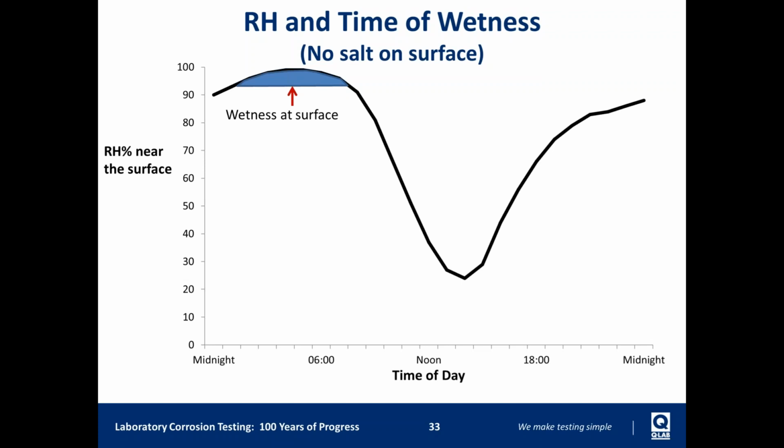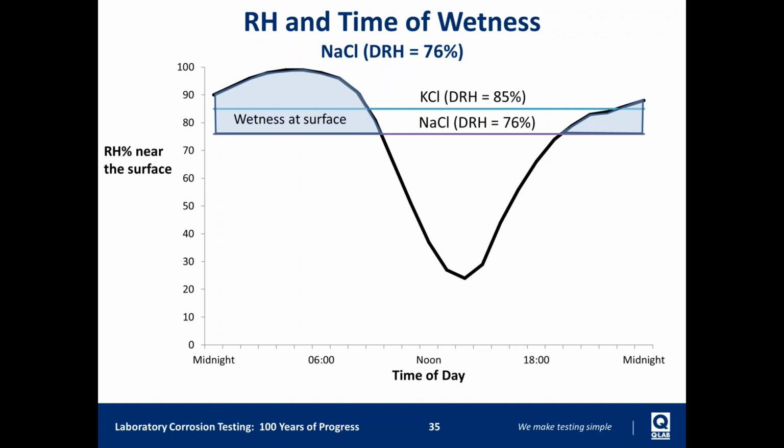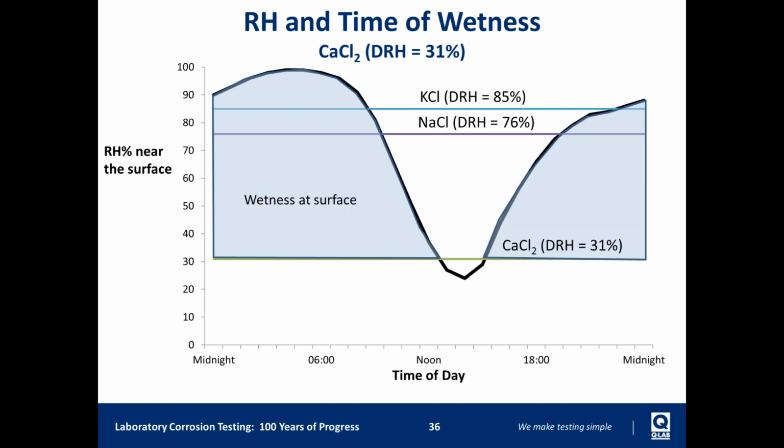But if we start introducing salts, the amount of time that the relative humidity is high enough to pass the deliquescence point for potassium chloride is more like 10, 12 hours. When we go to sodium chloride, we're looking at maybe more like 16 hours. And then we go all the way to calcium chloride, which has a deliquescence point of 31%, meaning that whenever the relative humidity is higher than 31%, it's wet almost all of the time.